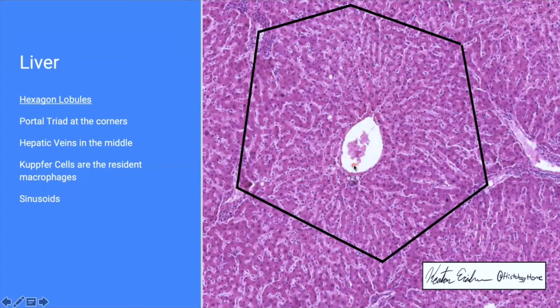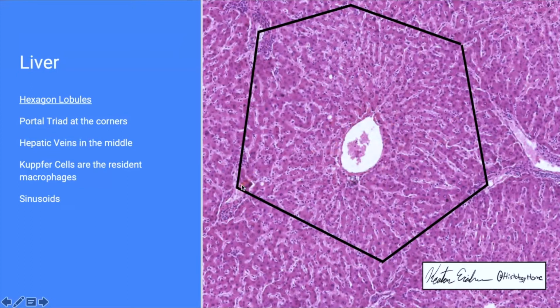So the structure found in a liver lobule is going to be a central hepatic vein. So we see some blood cells found within that hepatic vein there. And then hepatocytes that are stacked and pointing, they seem to radiate out from that central hepatic vein.